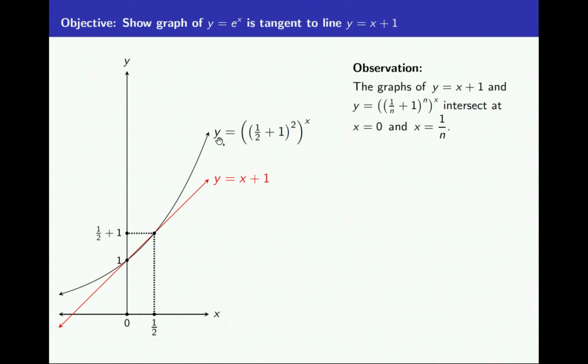We have a new exponential function, y equals 1 over 2 plus 1 squared to the power of x. And from our observation, this exponential function crosses the line y equals x plus 1 at 2 points here and here, at x equals 0, and also at x equals 1 over n, which is 1 over 2 in this case.